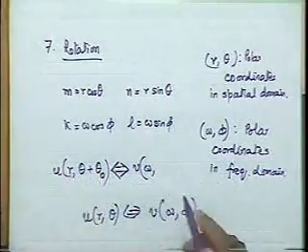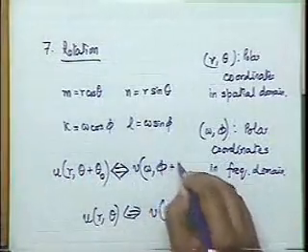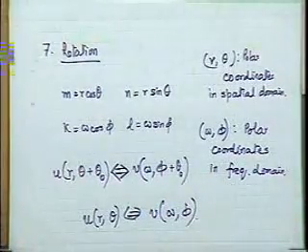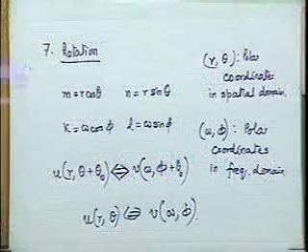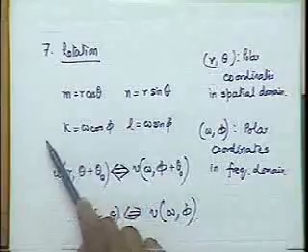So, if the original image is rotated by an angle theta 0, then its corresponding frequency spectrum is also rotated by the same angle theta 0. So, this is the property of rotation for DFT. You can verify this in the expressions for mn and KL, you just substitute these expressions and you will get this result. All right.